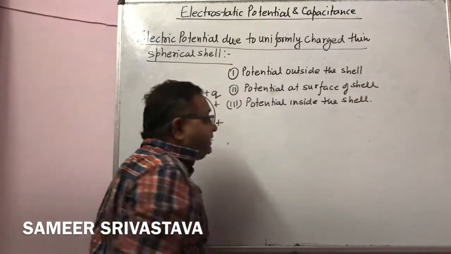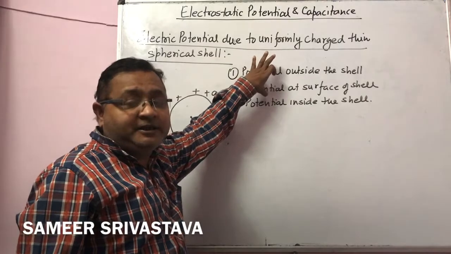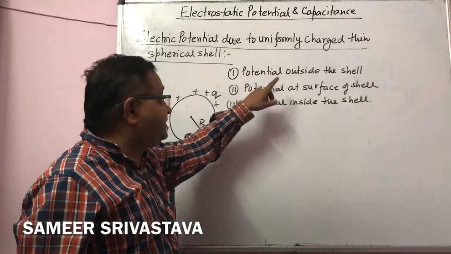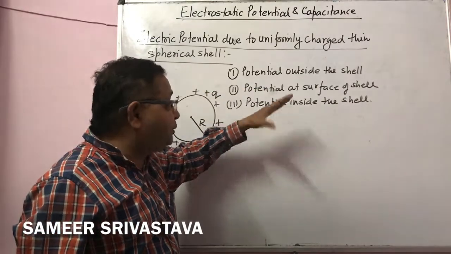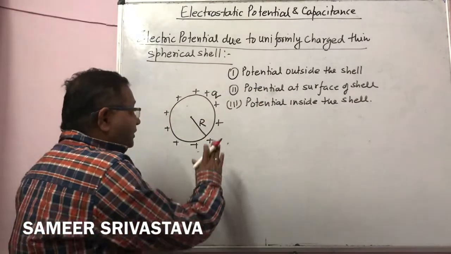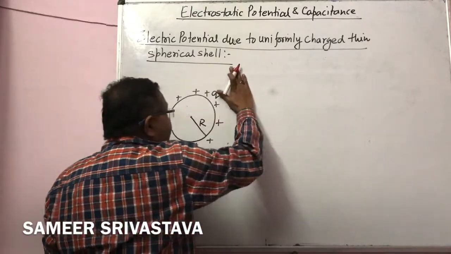We have any point inside the shell. So here again we have to find the potential for the three cases: the point outside the shell, the point at the surface of the shell, and the point inside the shell. So I am going to take the first case.